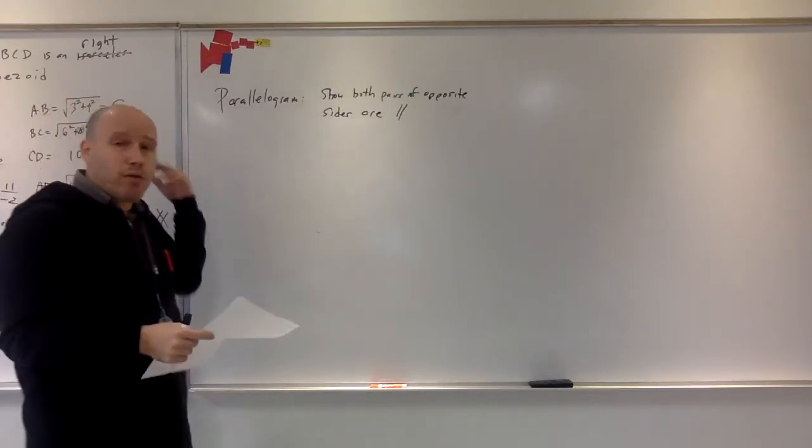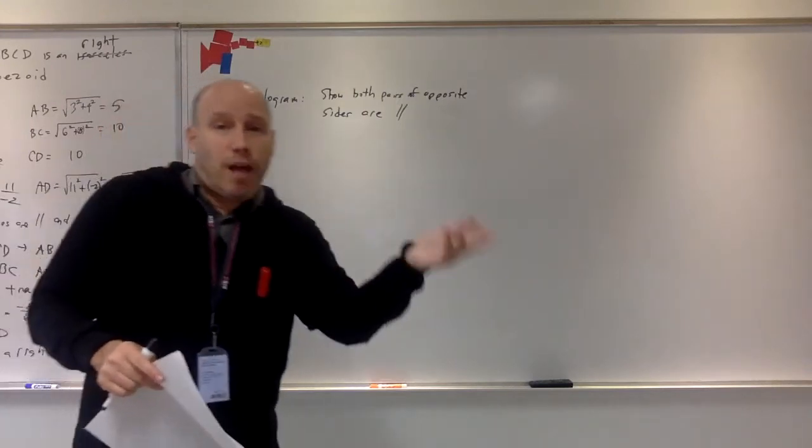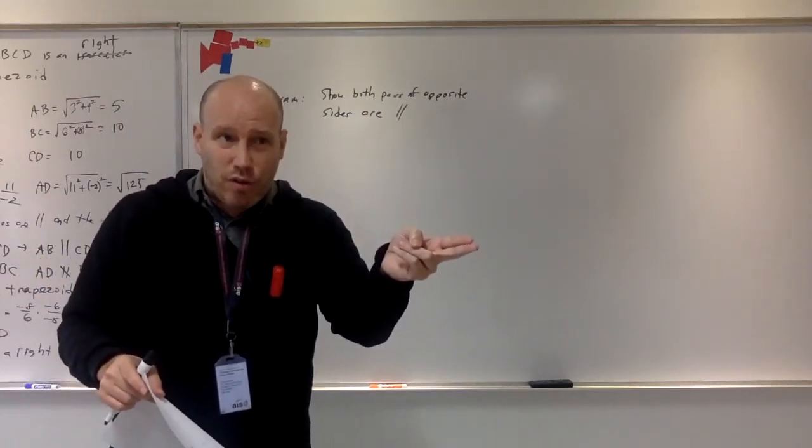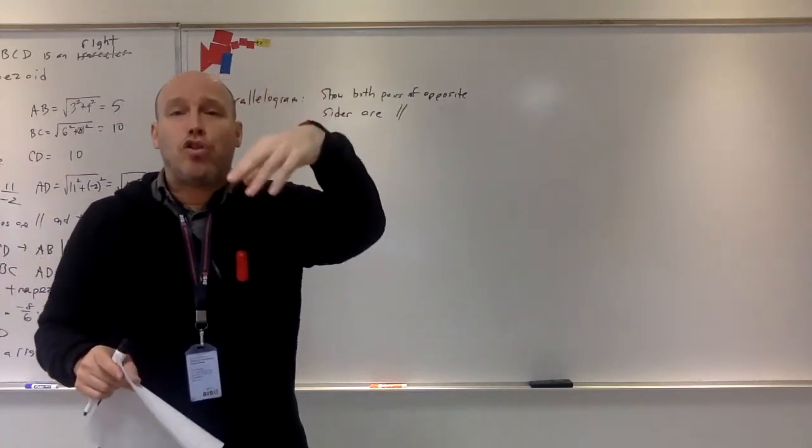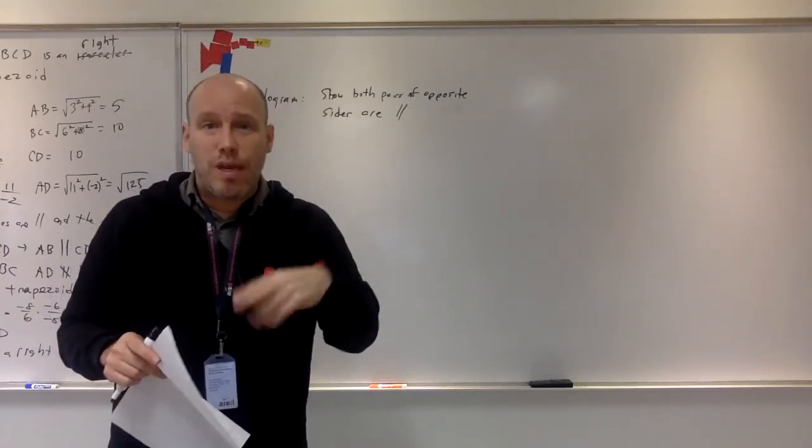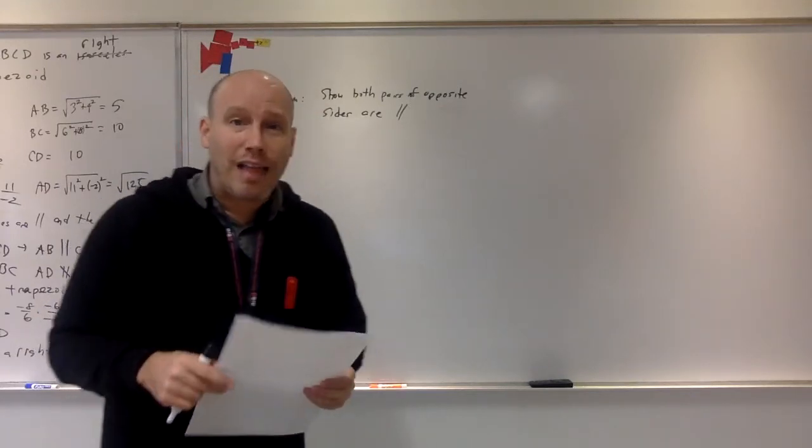So once you have all the slopes, you're going to say the slope of the first side is parallel to the other side, and then you're going to show the other pair of sides have equal slopes. Therefore, you have a parallelogram.